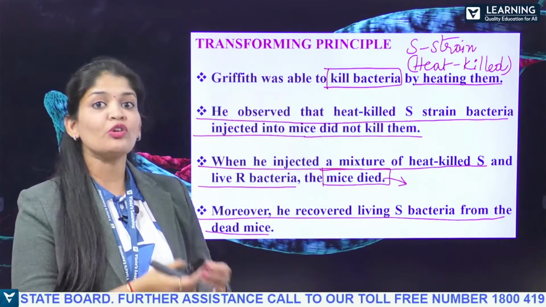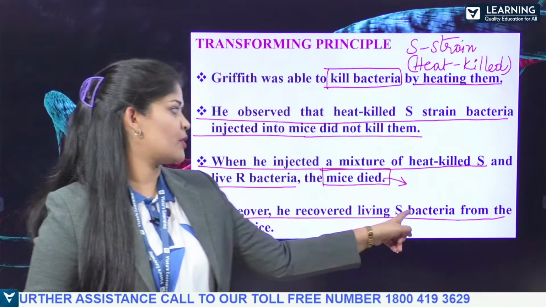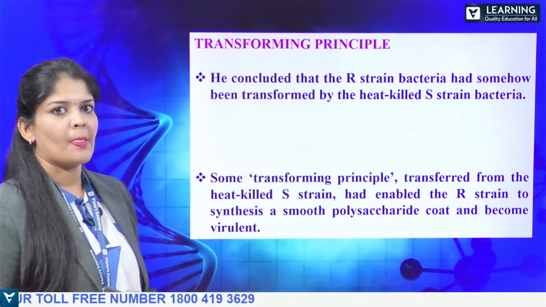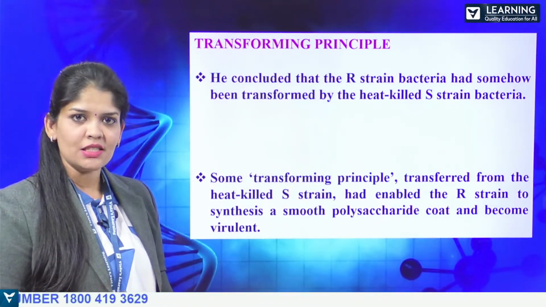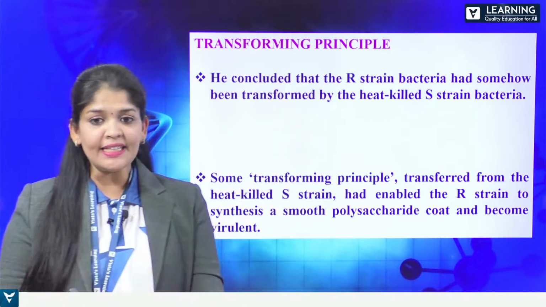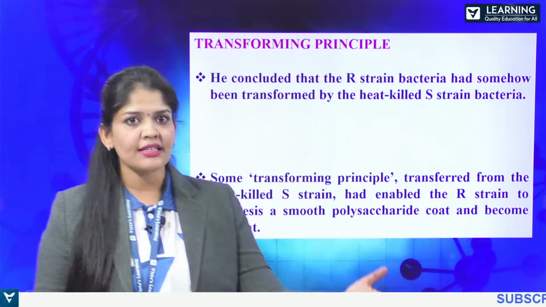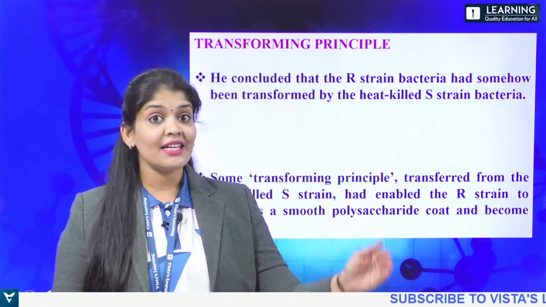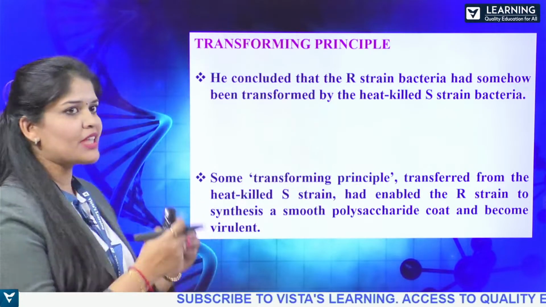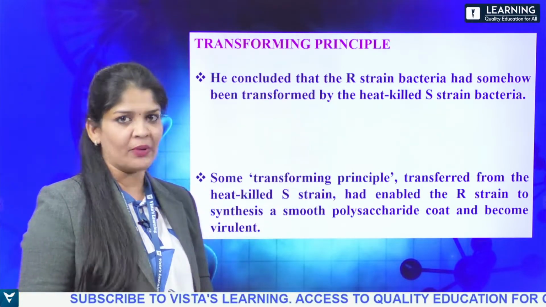But he was able to recover live S type. Where is it coming from? For this, he stated that transformation happened. Transformation happened from the heat-killed S strain to the R strain, making the R strain into virulent form. And he named that a transforming principle.